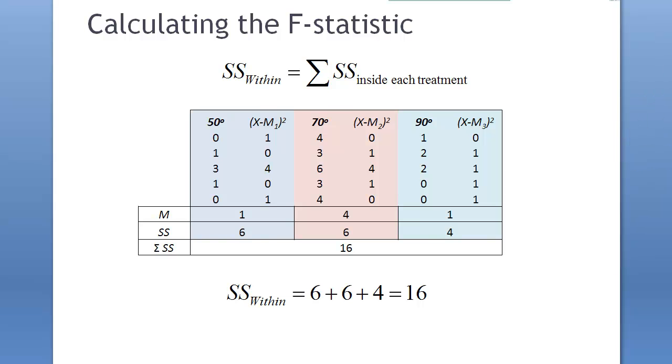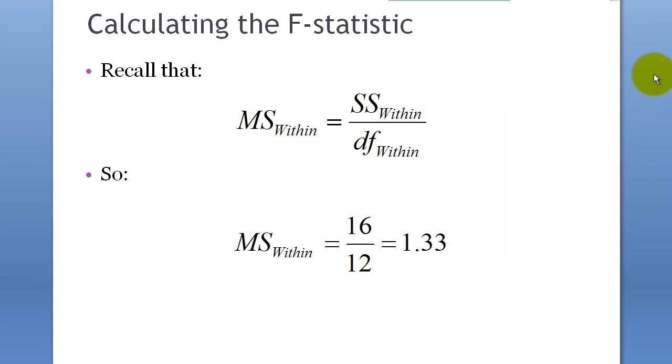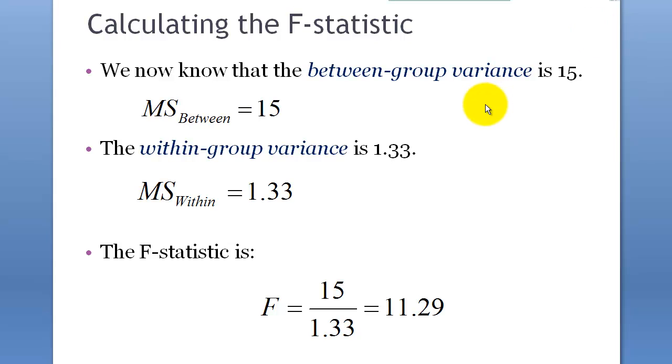So the sum of squares within is 16. Within group variance is going to be 16 divided by the degree of freedom within, which is 12. So 1.33. Coming back to the formula for the F-statistic, which is between group variance divided by within group variance, 15 divided by 1.33 is 11.29.